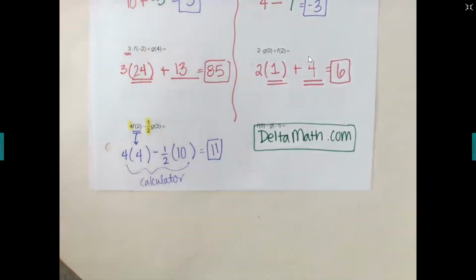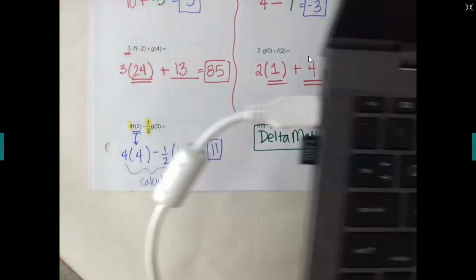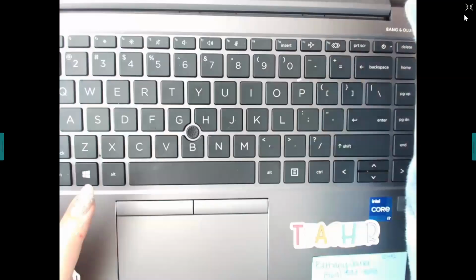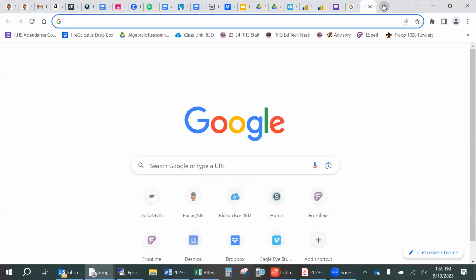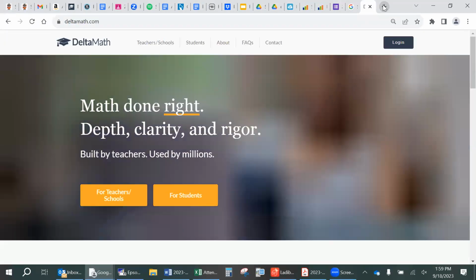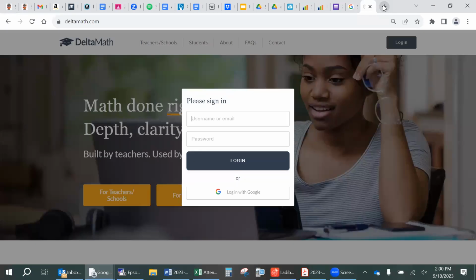For the practice, yes? Okay, so you're going to deltamath.com, please, on your computer. Okay, let's open them up. Okay, log in, and then we'll do the first one together.